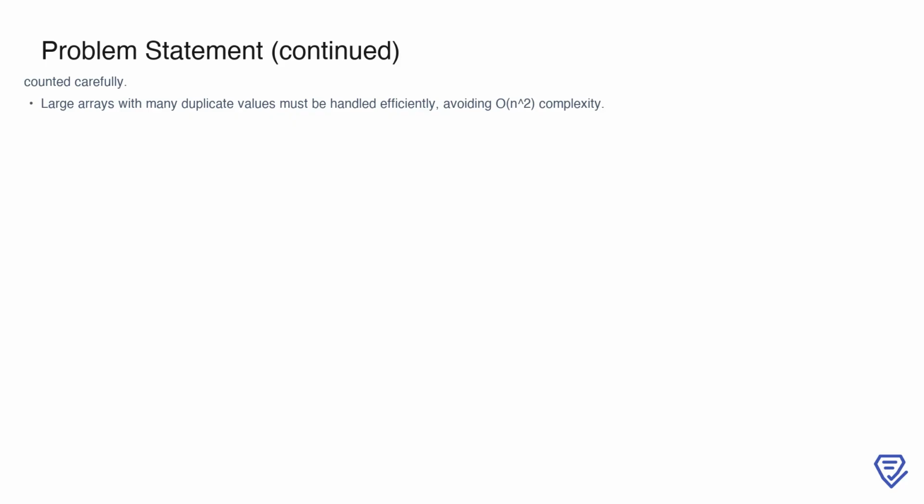In cases where all elements are the same, like deliciousness equals 1, 1, 1, we must carefully count combinations of pairs to avoid overcounting. Finally, for large arrays with many duplicate values, an efficient algorithm is essential. A naive approach with O(n²) complexity, which checks all pairs, would be too slow. Instead, we need an optimized solution that leverages properties of powers of 2 and avoids unnecessary computations.